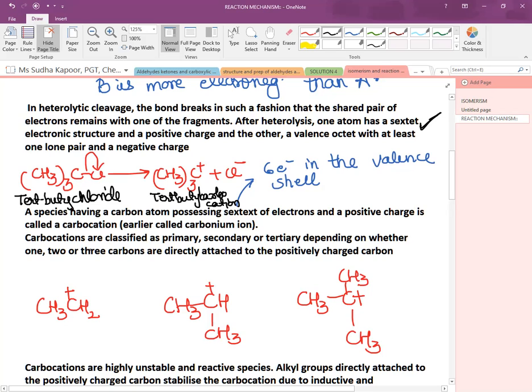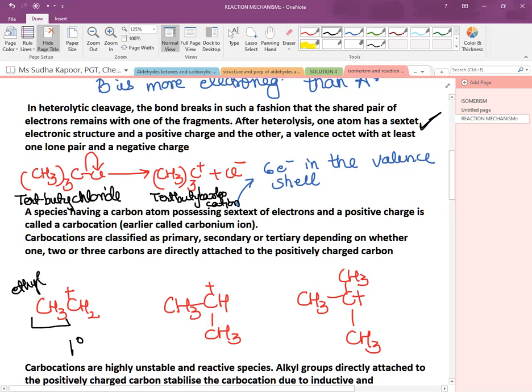The carbocations are further classified as 1 degree, 2 degree, 3 degree based on the number of alkyl groups attached to it. If the carbon which is having a positive charge is having an alkyl group on one side, it is known as 1 degree carbocation. That is the ethyl carbocation.